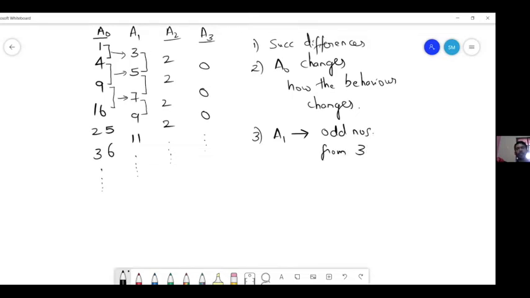So can I have a different A0 for which I have odd numbers as A1, not necessarily from 1, but you could skip the initial few numbers and then have odd numbers. Is that possible?